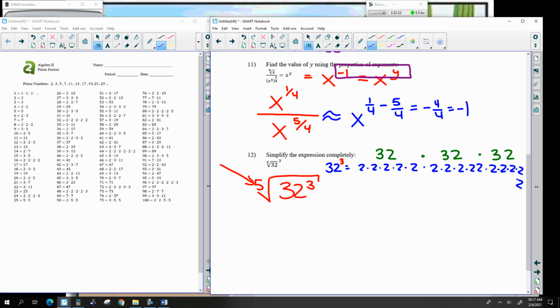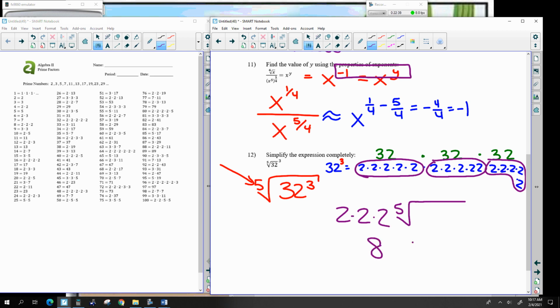So let's go. 1, 2, 3, 4, 5, outside 2. 1, 2, 3, 4, 5, outside 2. 1, 2, 3, 4, 5, outside 2. So this is an outside 2, an outside 2, an outside 2, which is an outside 8, inside nothing. So this answer is 8.